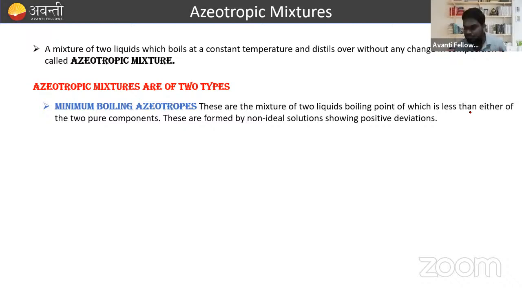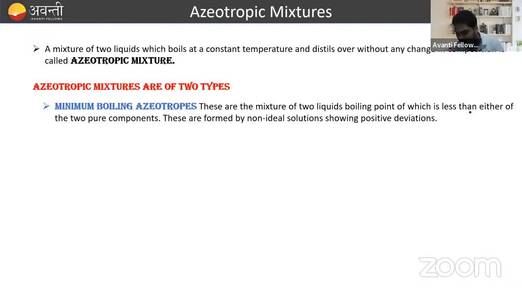So what are minimum boiling azeotropes? These are mixtures of two liquids whose boiling point is less than either of the two pure components, and these are formed by non-ideal solutions showing positive deviation. It means the non-ideal solution which shows positive deviation can form this type of mixture.